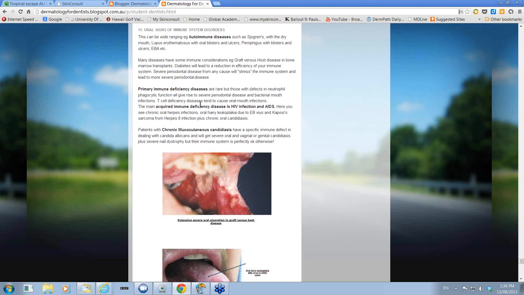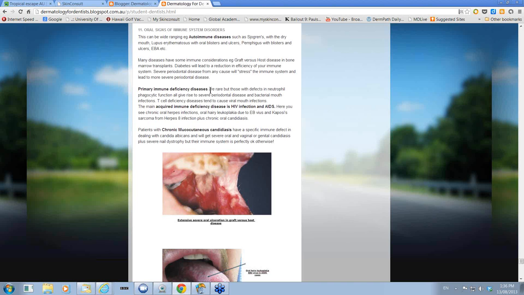You've got some primary immune deficiency diseases. Now, these are rare. These are usually congenital disorders where there's a deficiency either in the production of T cells, production of immunoglobulins in agammaglobulinemia, or a reduction in neutrophils, phagocytic cells, or a defect in those phagocytic cells.